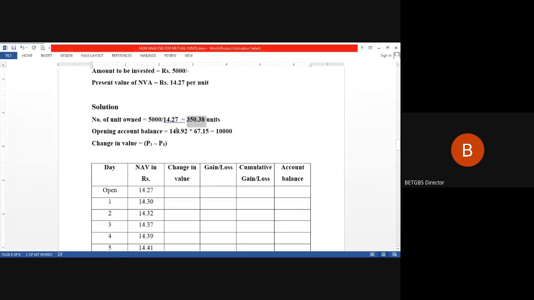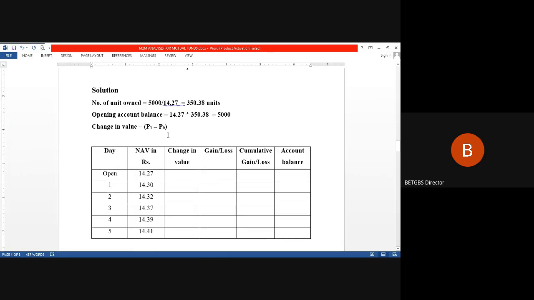And this is 5,000. So this is the opening balance and the number of units we own.